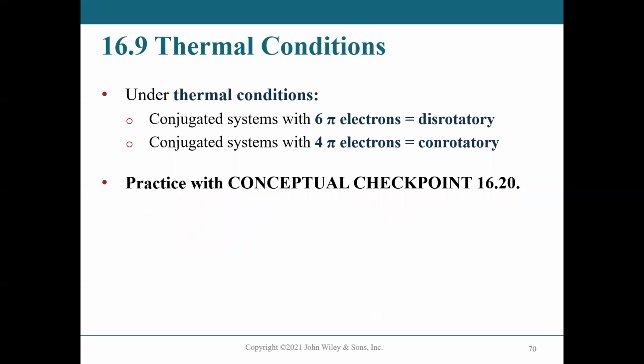Under thermal conditions, a conjugated system with 6 pi electrons is disrotatory, and a conjugated system with 4 pi electrons is conrotatory.